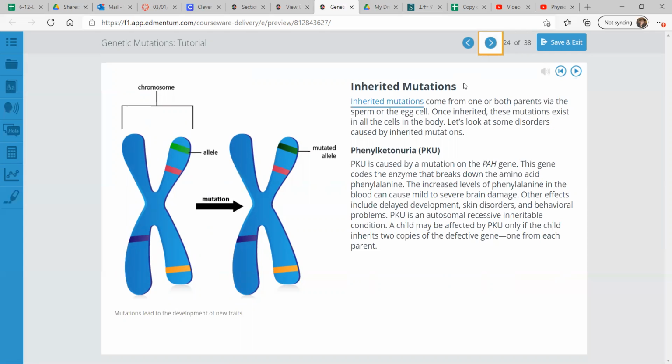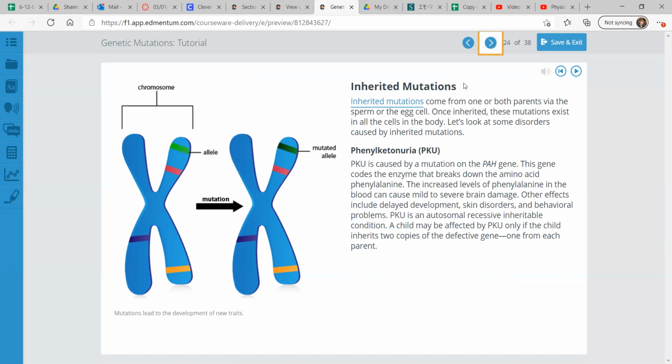That gene codes the enzyme that breaks down the amino acid phenylalanine. The increased levels of phenylalanine in the blood can cause mild to severe brain damage. Other effects include delayed development, skin disorders, behavioral problems.